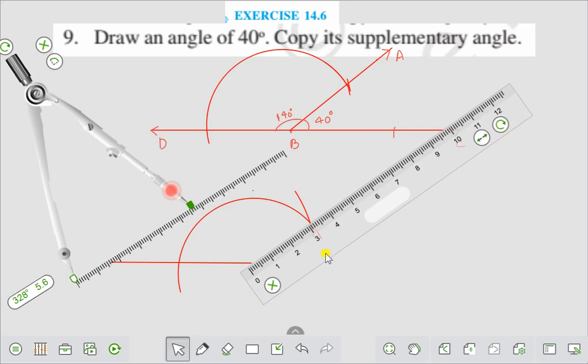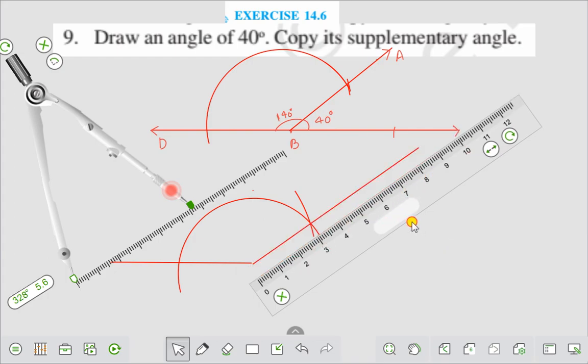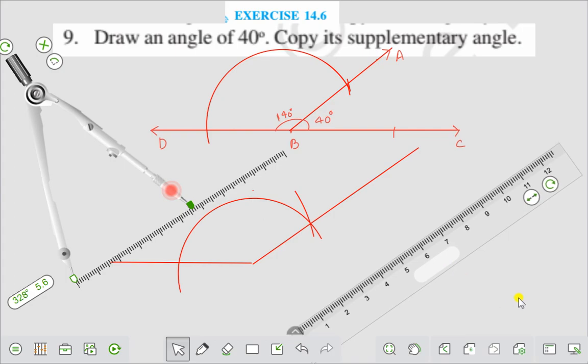Now draw the line, right? Now give the name here. Here put an arrow, right?